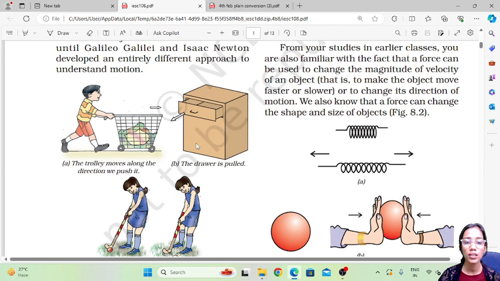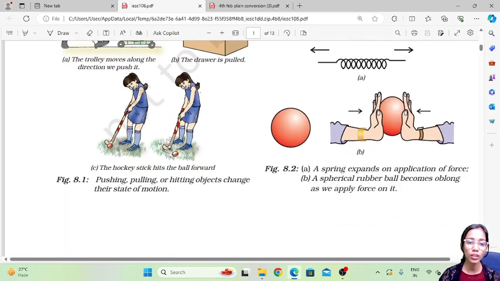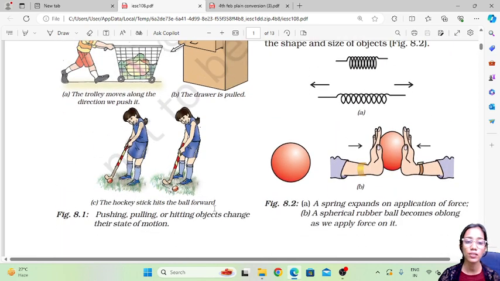Now this is a table with a drawer, and this drawer is pulled, so it is moving in this direction. Okay, now the hockey stick hits the ball forward. Because this hockey stick is hitting the ball, it will move forward, right? This means that the hockey stick is giving some push.